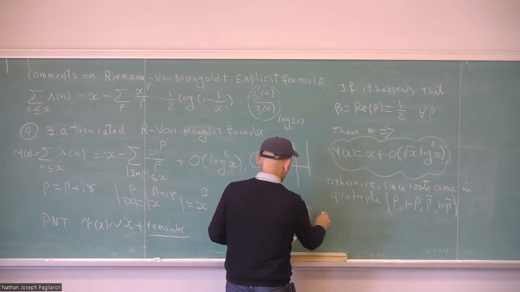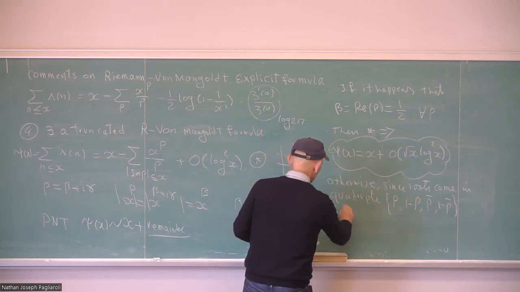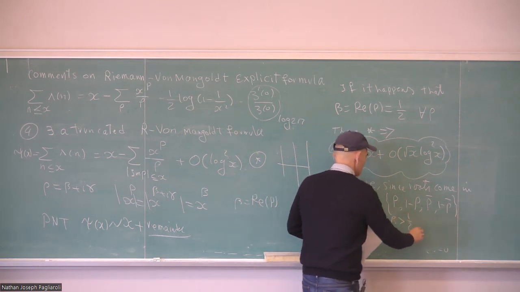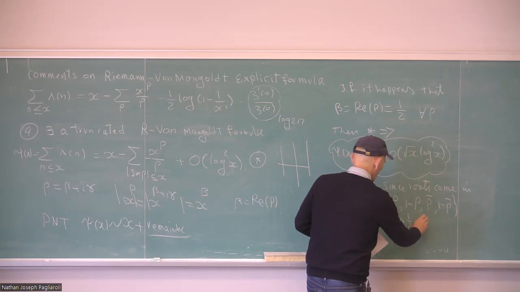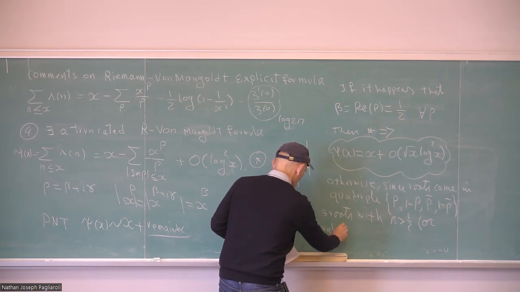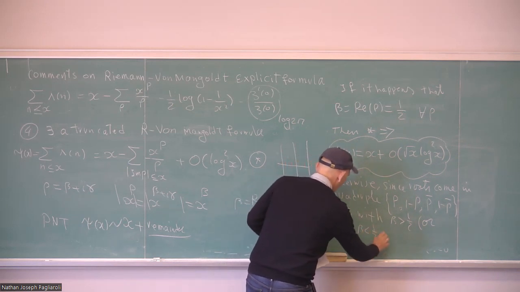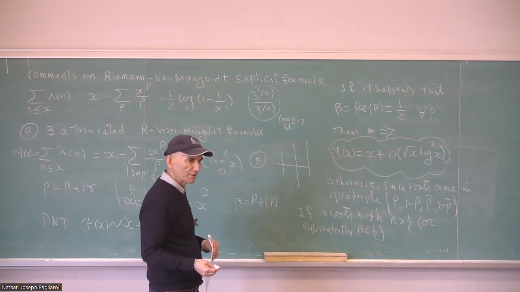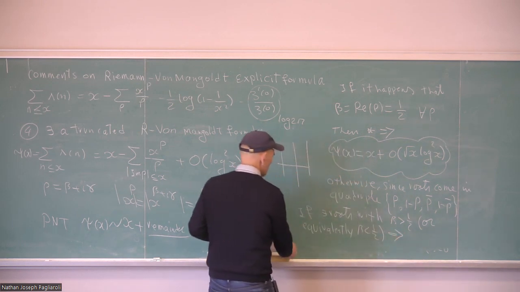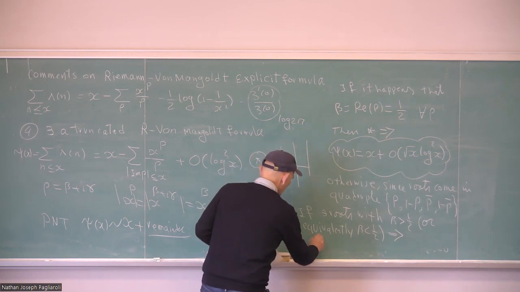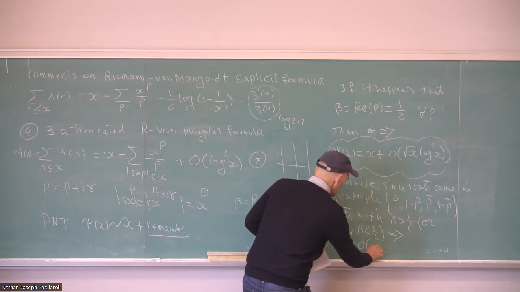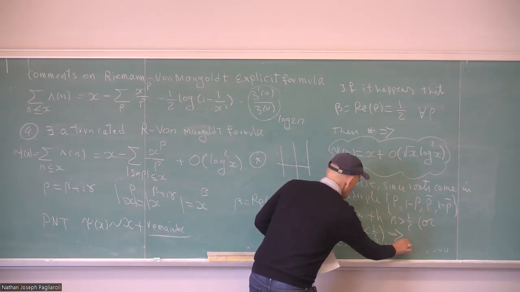So let me write it. If there are roots with beta bigger than half, or equivalently beta less than half, then we can conclude that at most what you can say is that psi of x is equal to x plus O of x to the power 1/2 plus epsilon for some positive epsilon.